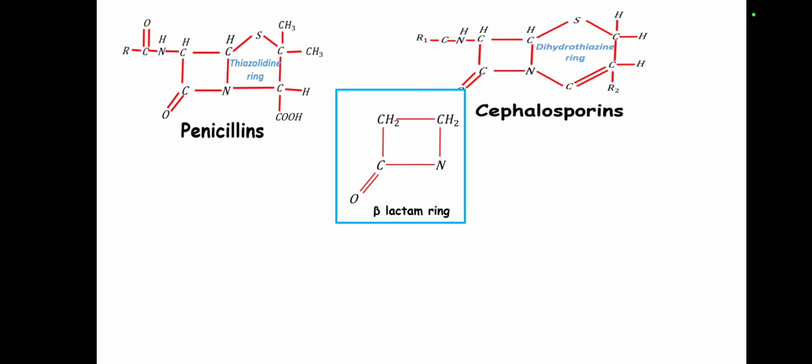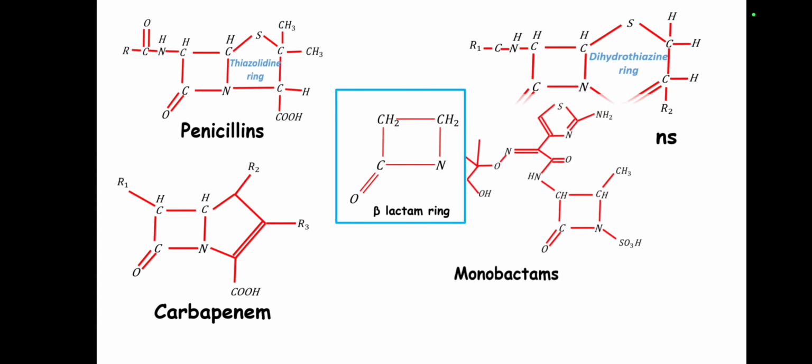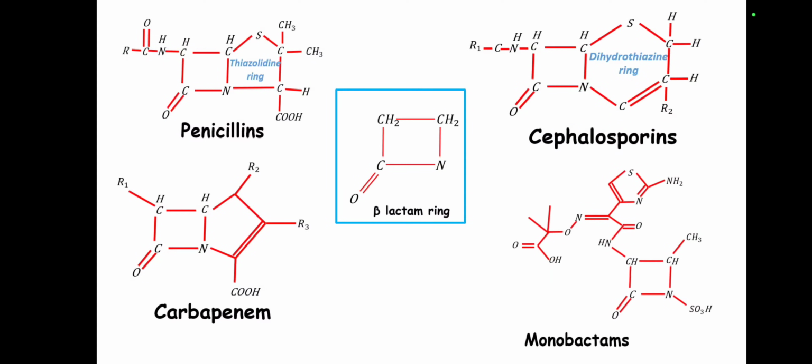Okay, so this is your beta-lactam nucleus, and the examples of beta-lactam antibiotics are penicillin, cephalosporin, carbapenem and lastly monobactam. And as you can see, all of them contain the same beta-lactam ring, but the second ring is different in different antibiotics.